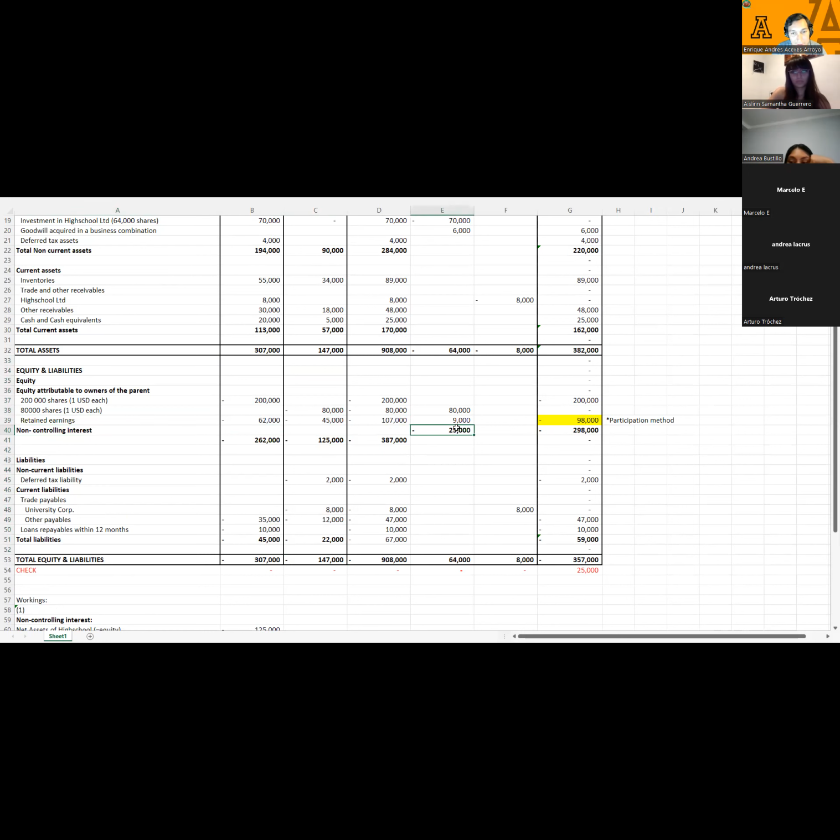The non-controlling interest is the 25,000, guys. This is the total equity of each company. If you don't divide that, it won't give you the proper balance.